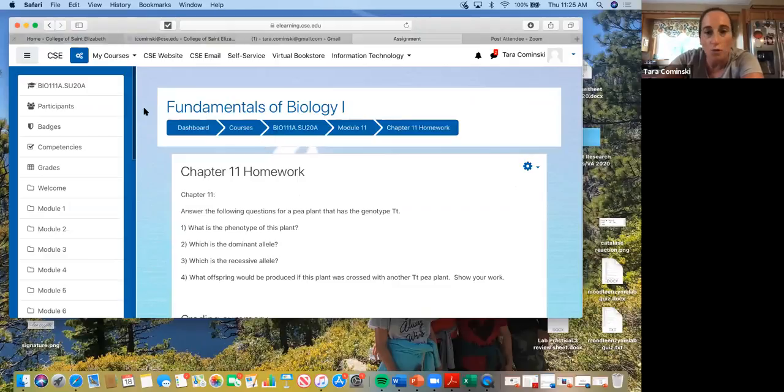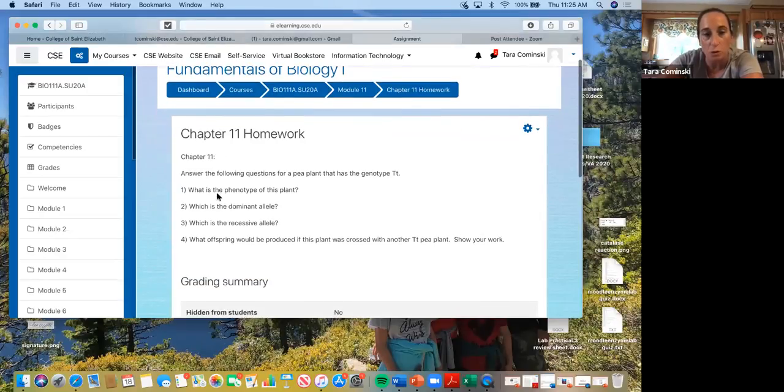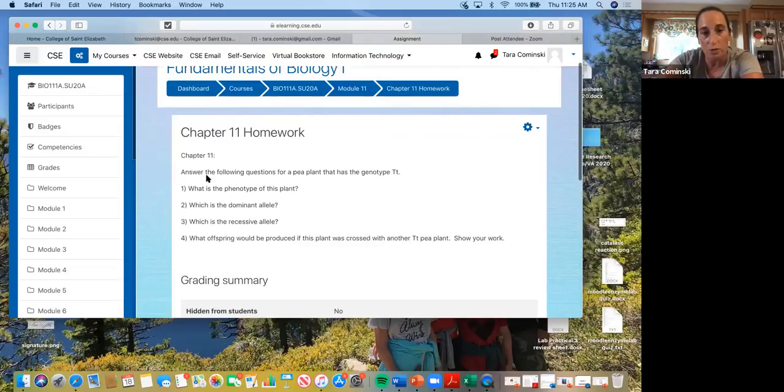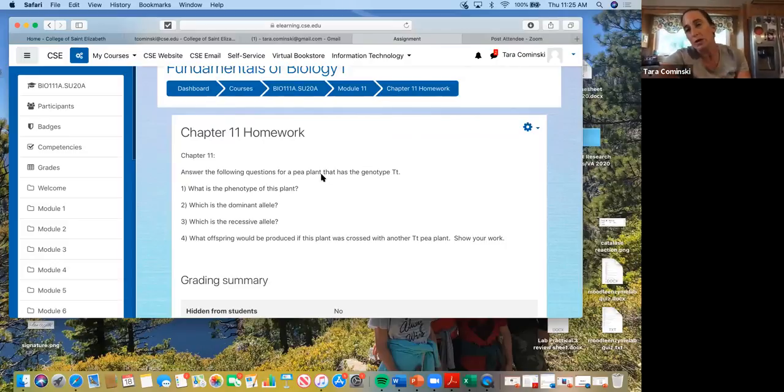Okay. So for the homework here for chapter 11, answer the following questions for a pea plant. Remember Mendel, all of his work was using the garden pea, and it was a very good model organism for his experiments for many different reasons, and I go over that in the recording.